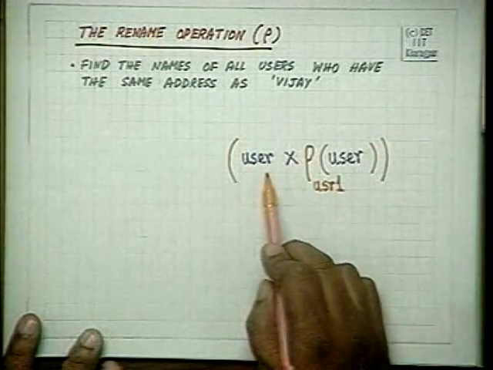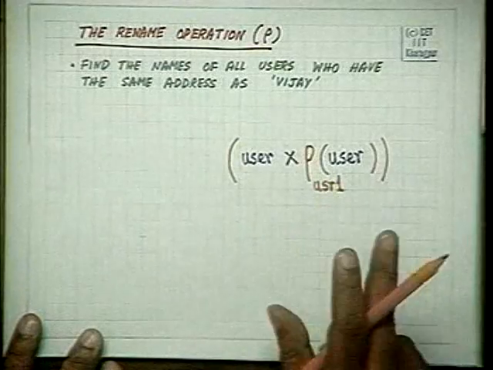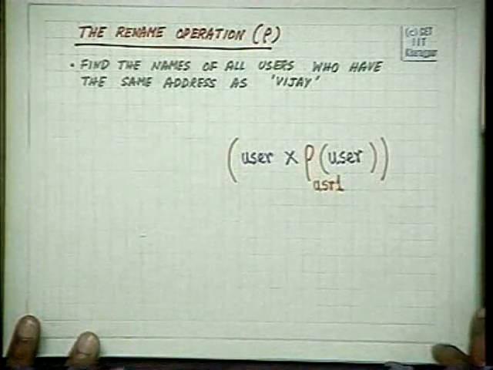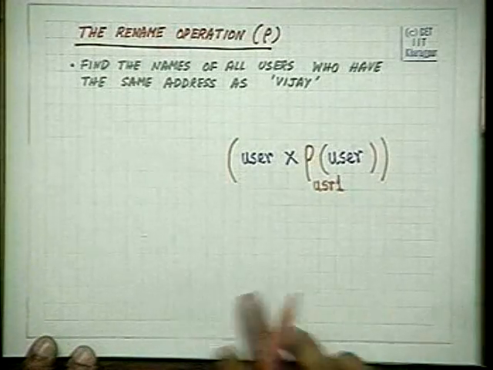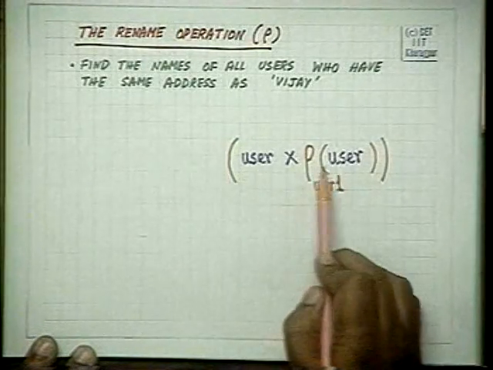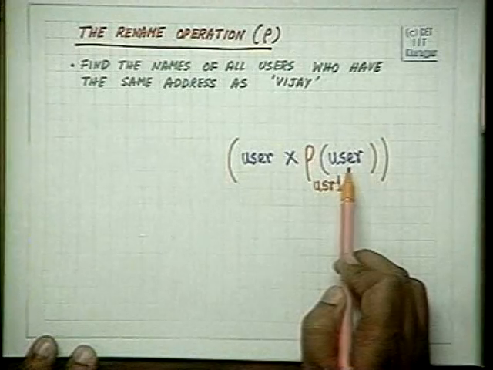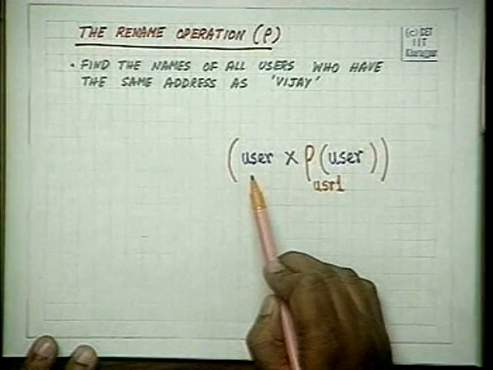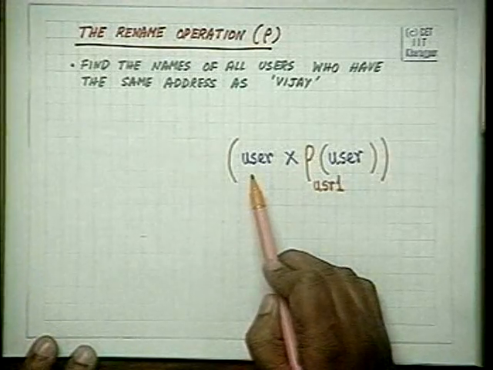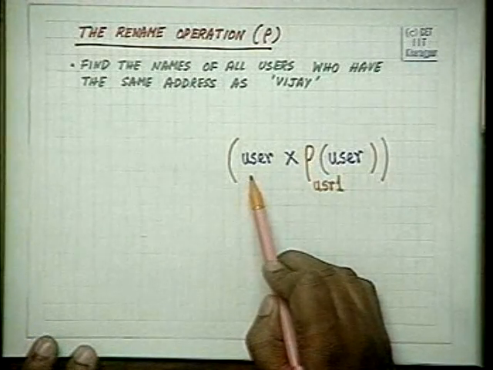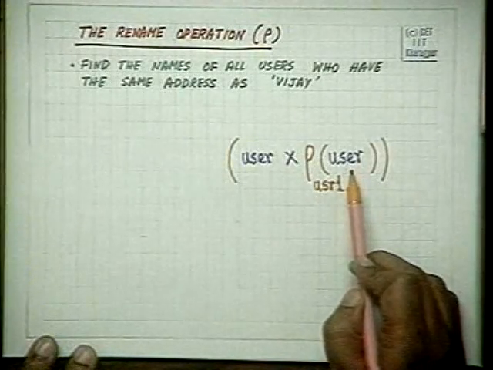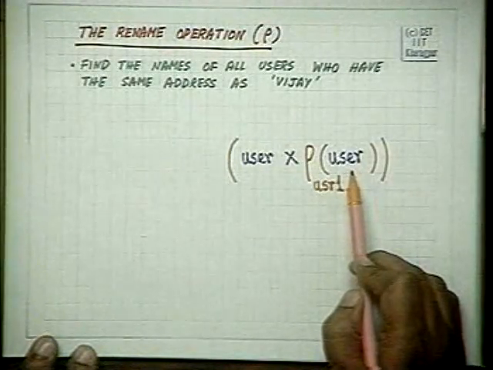Now we have got user and user1, and we have done a Cartesian product of these two. And we want to select out those tuples. Here we will place those tuples for Vijay. We will identify the name of Vijay and the address of Vijay, and here we will match out with those which have got identical names and addresses.